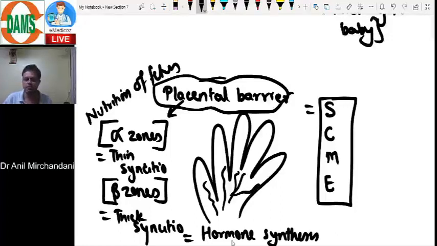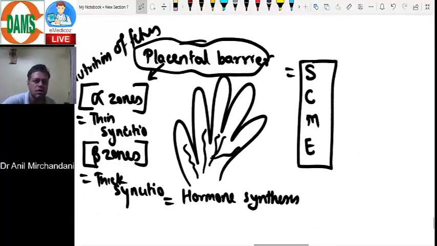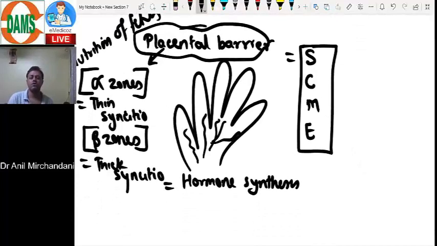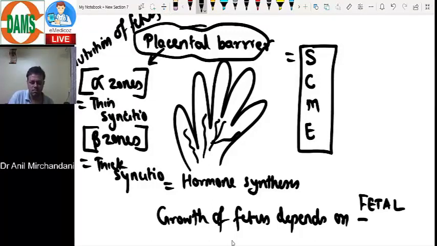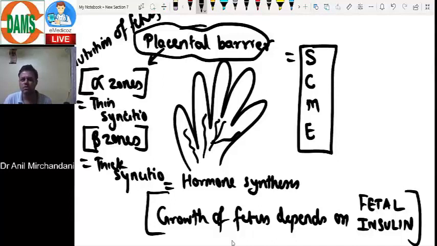Alright, after you have written about the nutrition and the growth, remember, growth of fetus depends on fetal insulin levels. Yeah, more the insulin, more will be the growth. That's why infants of diabetic mothers are macrosomics.